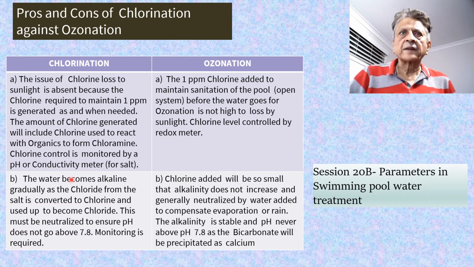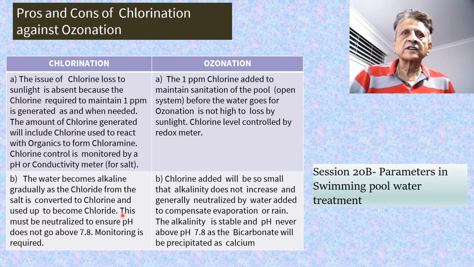The water becomes alkaline gradually as the chloride from the salt is converted to chlorine and used up to become a combination of organics, etc. And so we have to add hydrochloric acid to neutralize it and convert it back to sodium chloride.